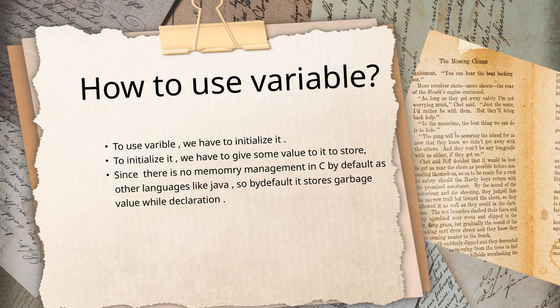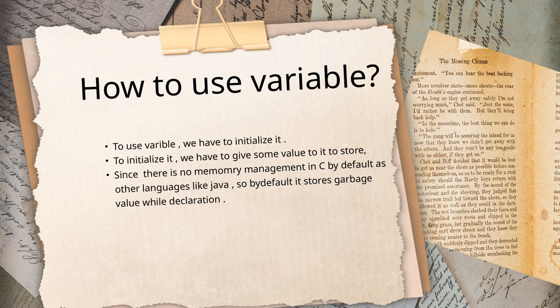So, how do you use a variable in C? Well, the first step is to initialize it. Initialization simply means giving the variable a value so it has something to store. Think of it like assigning a starting point for your data. Now, unlike some other languages like Java, C doesn't have built-in memory management. That means when you declare a variable in C, it doesn't automatically have a specific value.